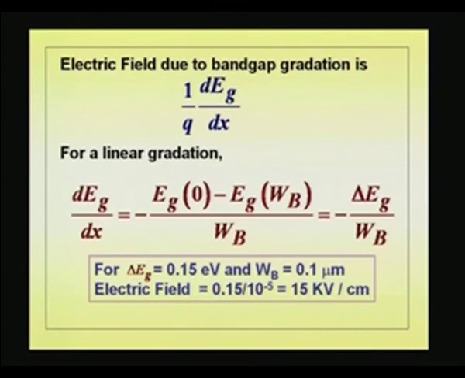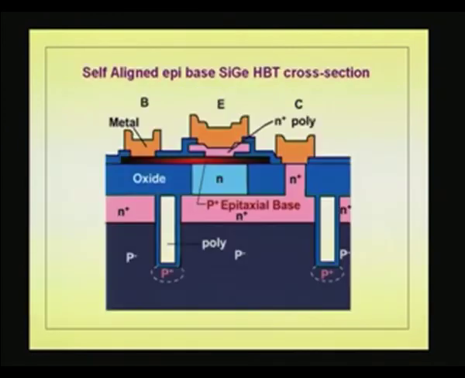Now, let us go further down into that. This is a structure that we can now run through with the results that have been reported. They have made devices which can go right up to 100 gigahertz. You go to the website and search for silicon germanium HBT, and you will see IBM results put across.